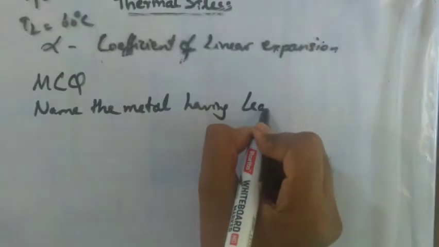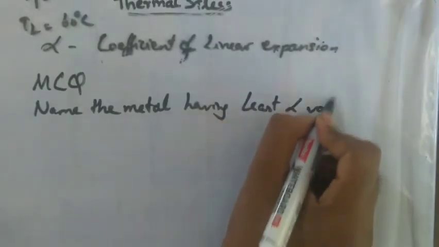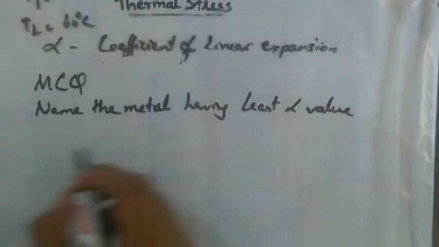If I want something to expand, what will I be using? I'll be using aluminium. Whenever a question arises in MCQs, multiple choice questions, they'll be asking, name the metal having the least alpha value, the coefficient of linear expansion.